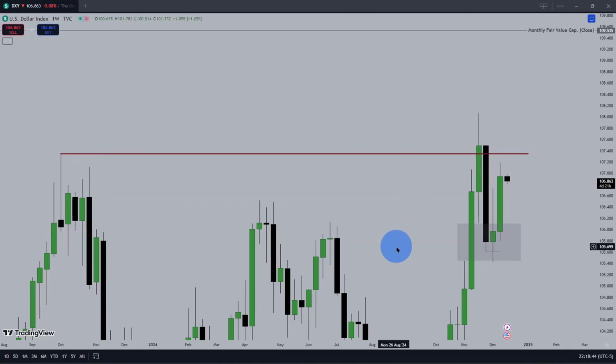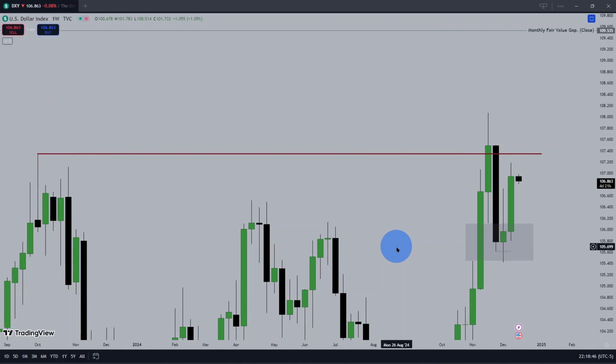So on the weekly time frame, the only PD array which I see here is the previous week's high, and it could serve as a reference point for an immediate rebalance. Okay, what's an immediate rebalance? The market is essentially returning into a previous weekly high, not leaving a space of an inefficiency here.